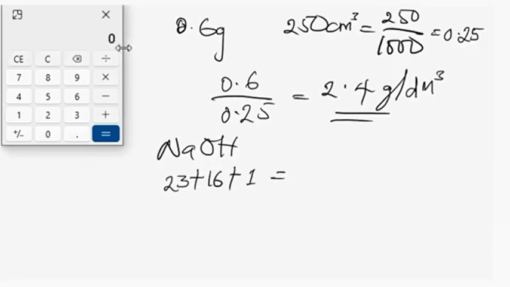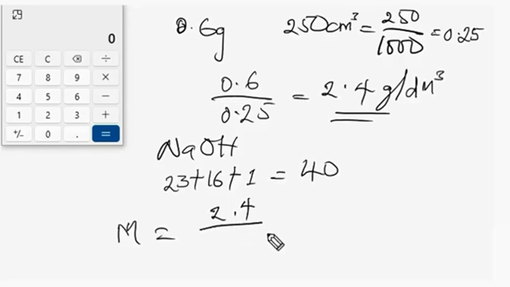So let's use our calculator here. 23 plus 16 plus 1, and that's 40. So guys, this will be 40 here, and that's the molar mass here. So the molar concentration here will now be the mass concentration, which is 2.4 over the molar mass, which is 40 gram per mole.